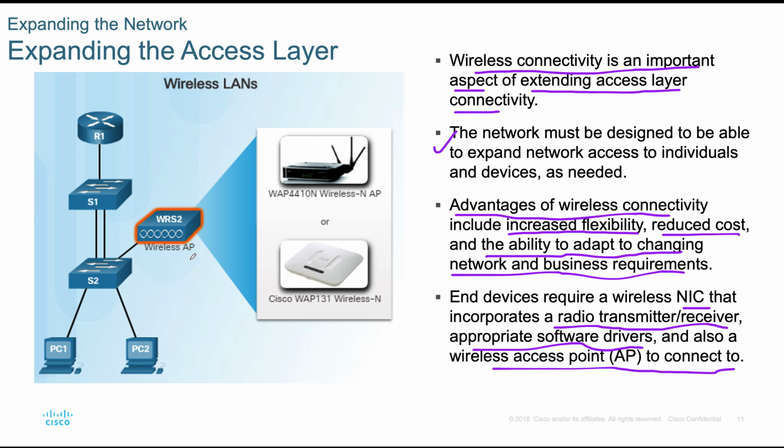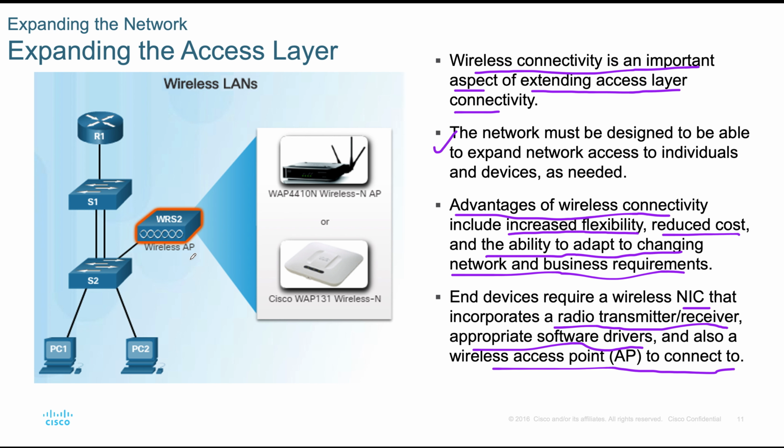So there is a limit to the number of workstations we can create within our network. If we want to expand it, then we need the wireless local area network.